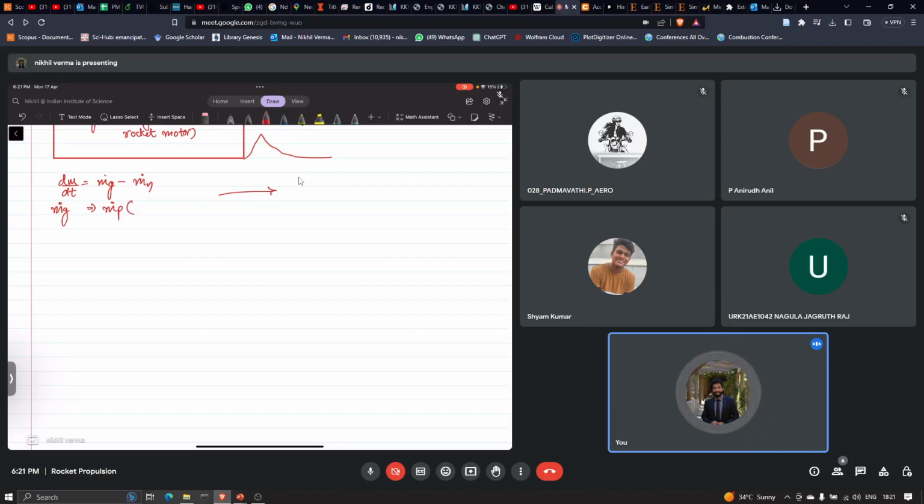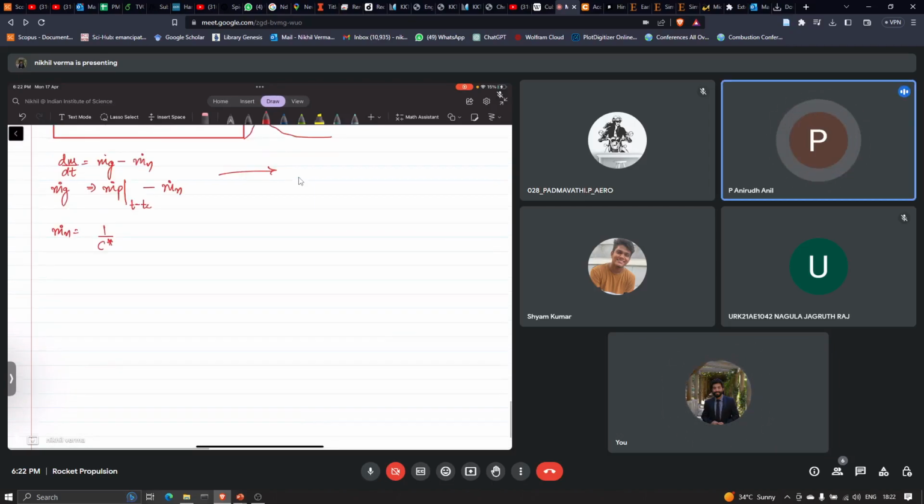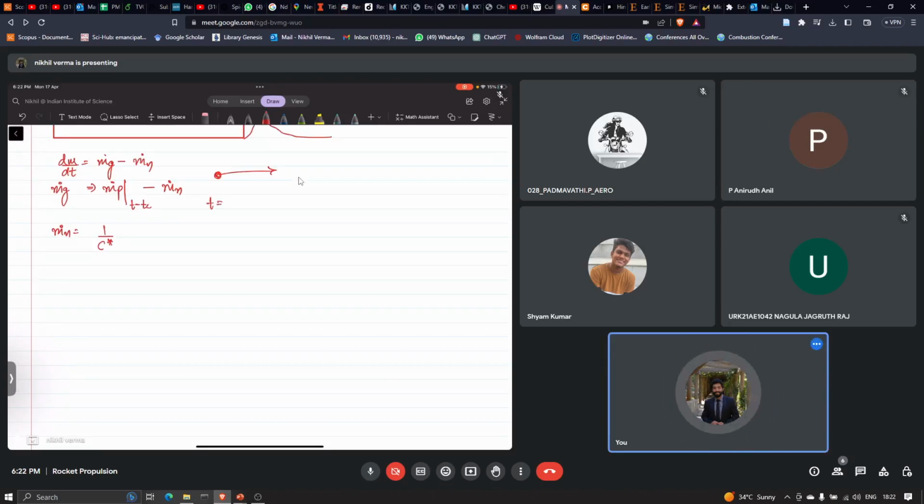So we can write this as the mass of the propellant that is getting injected, with some delay time, at t minus tc. Mass through the nozzle can be written as 1 by ... Sir, I didn't get t minus tc. What I'm saying is, when we inject this liquid propellant into the combustion chamber, it will take a certain amount of time to convert into gas, right?